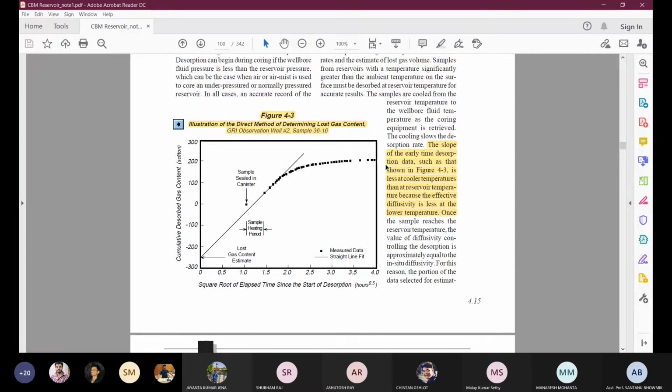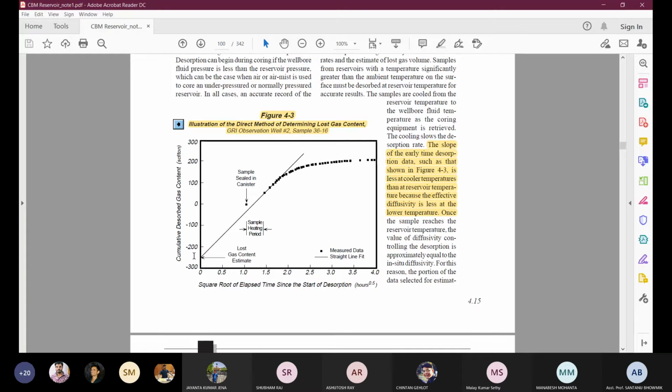But then what you have to do is take this point so that you can manage whatever the lost gas is. And now you are going to open the desorption canister, take the coal sample, and break it in a closed container into small lumps, and you will see that some amount of gas will come out. Why?